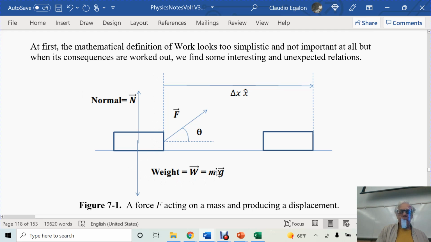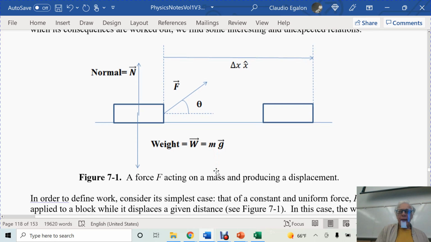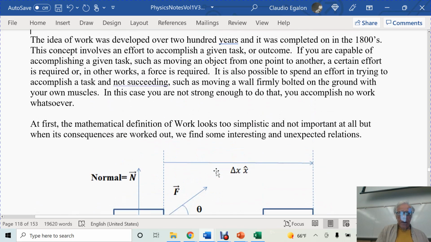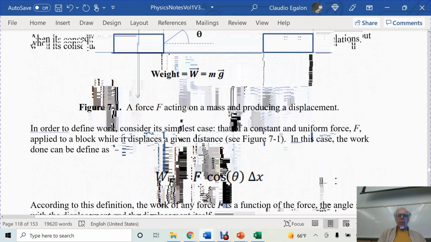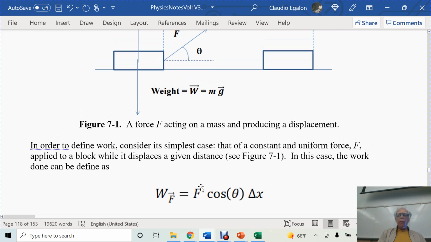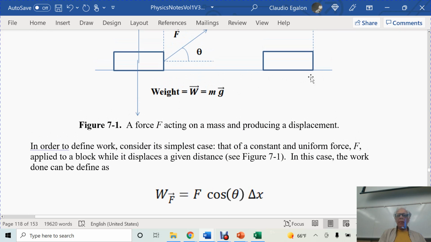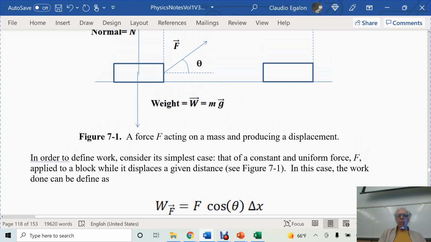Mathematically, the definition of work is given by this equation here. It's the force multiplied by the displacement and multiplied by the cosine of the angle between the force and the displacement. That's how we define work.